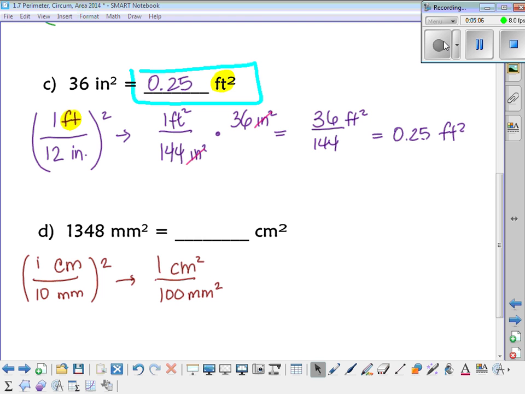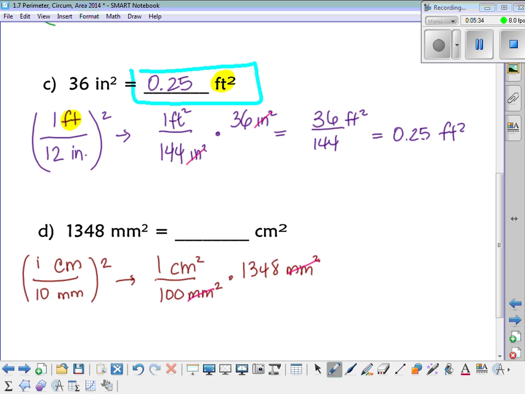Okay, so when you did your conversion factor, 1 centimeter is 10 millimeters, and we want our centimeters to be our answer, so that's the one that we put on top. When you square it, you get 1 square centimeter is 100 square millimeters, and multiplying that times 1,348 square millimeters.